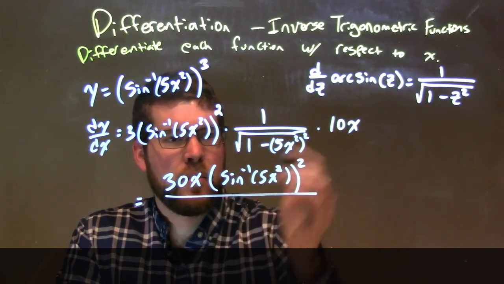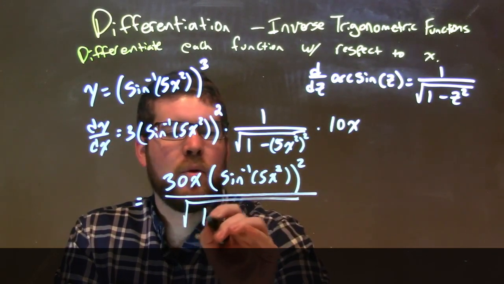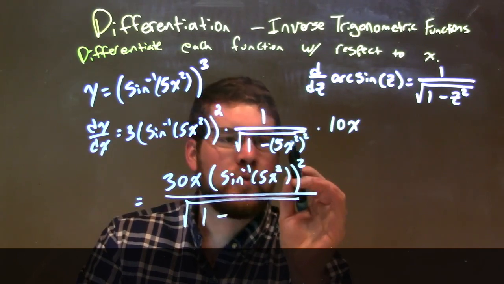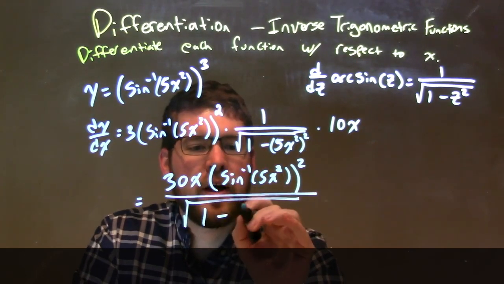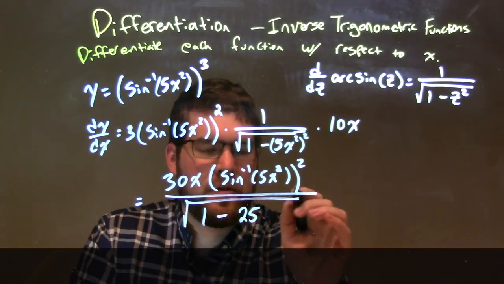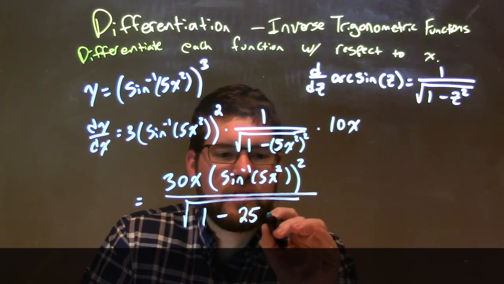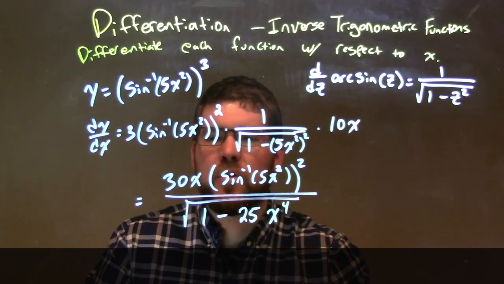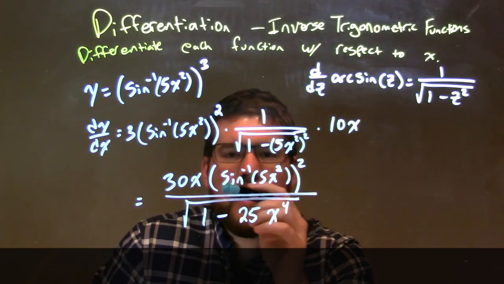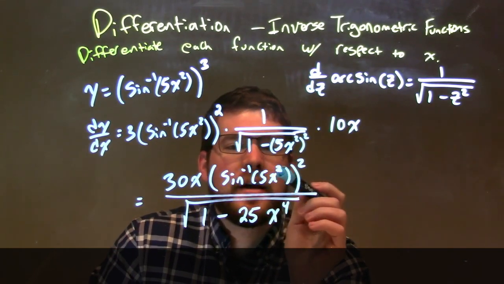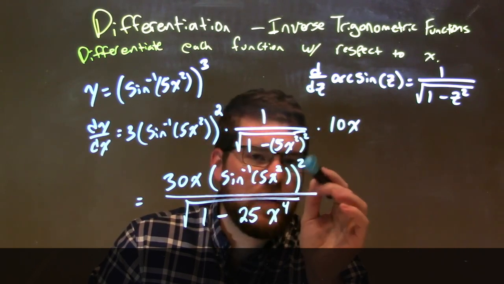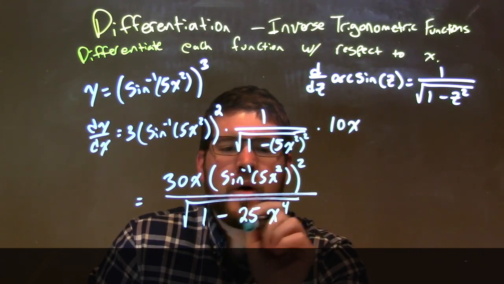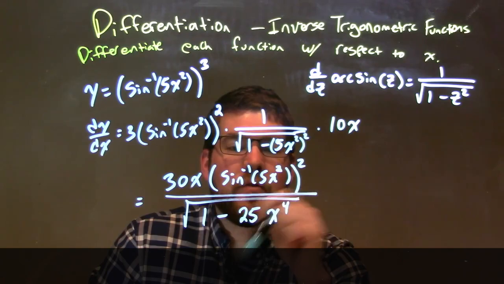Now the denominator, I'm going to bring that down: the square root of 1 minus, but we can square this 5x squared. 5 squared is 25, and x squared all squared is x to the 4th power. And there we have it. Our final answer here is 30x times the parenthesis of arc sine of 5x squared, all of that squared, over the square root of 1 minus 25x to the 4th power.